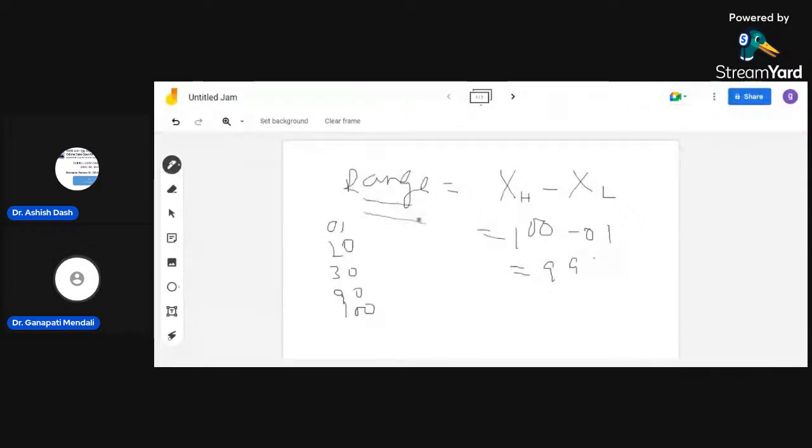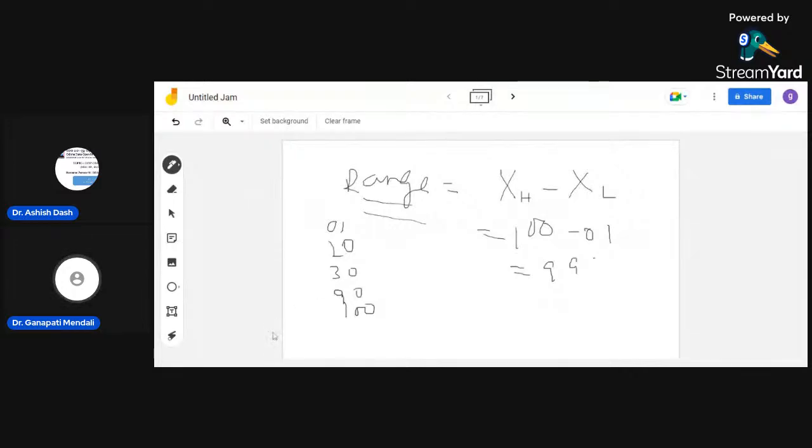This is the absolute measure of dispersion. The relative measure is called the coefficient of range. The merit of the range is that it is very easy to calculate, and its value will increase with the size of the sample.